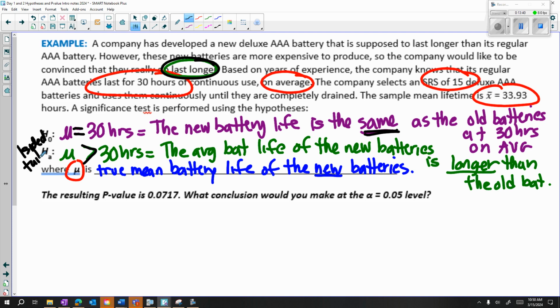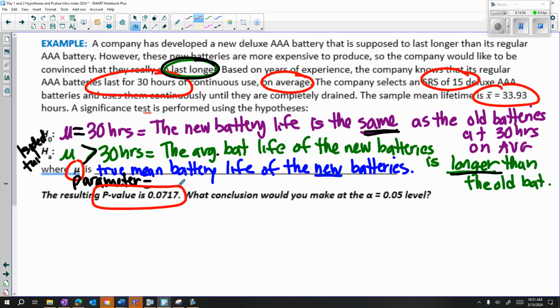And then in words, you say the average battery life of the new batteries is longer than the old batteries, so longer than 30 hours. And mu is representing the parameter of interest. The parameter of interest is a mean question because it says average. So it's the true mean battery life of the new batteries. Okay, so now they run the test and they get a p-value of 0.0717.